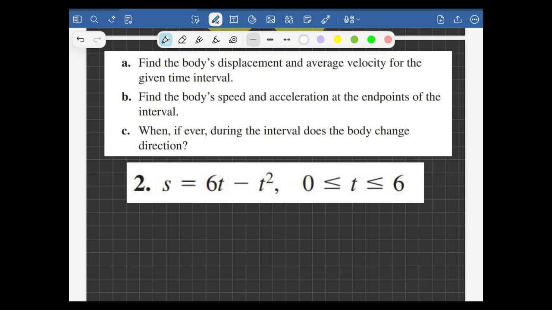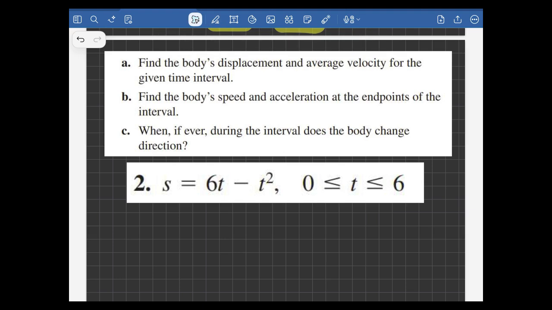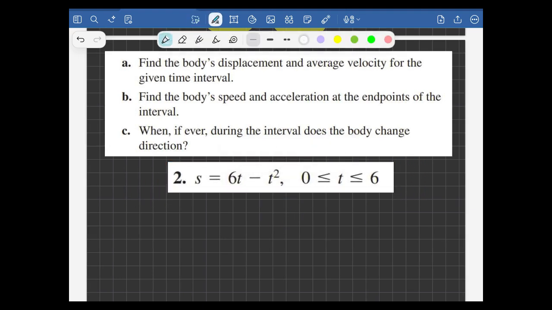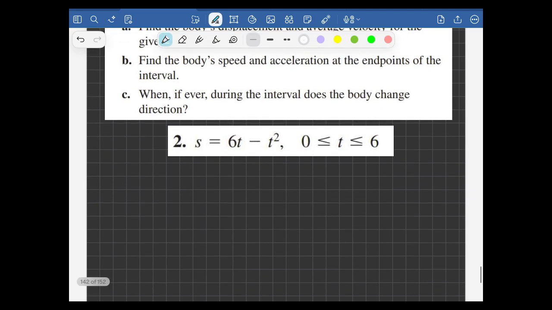So displacement. For displacement, ds equals the value of the displacement at the final endpoint 6 minus the initial endpoint, which is 0.